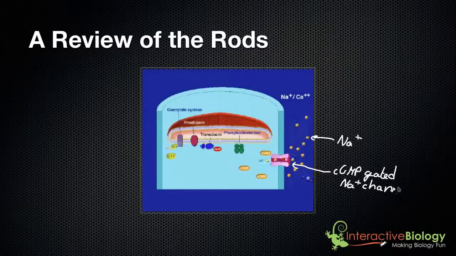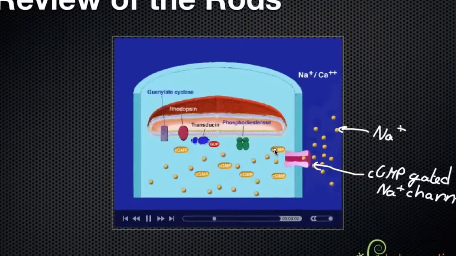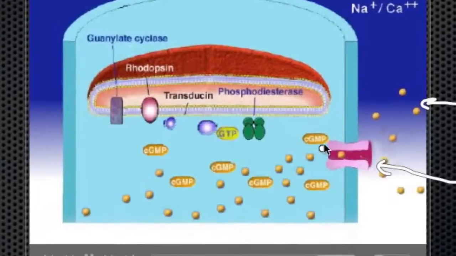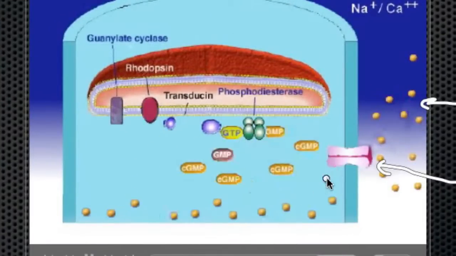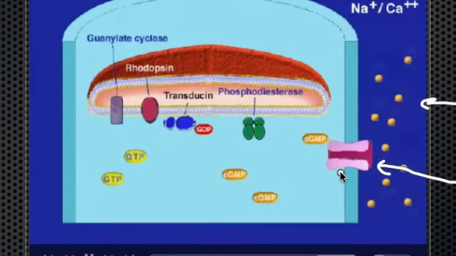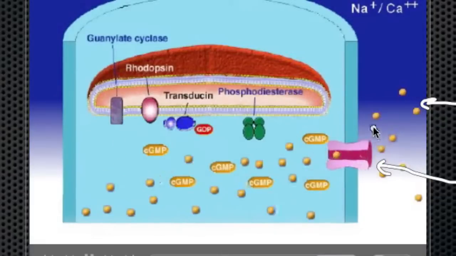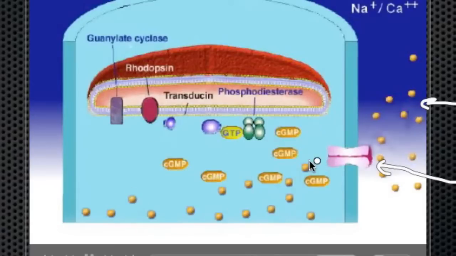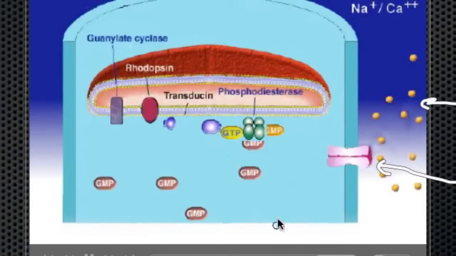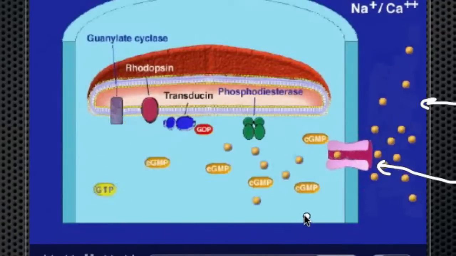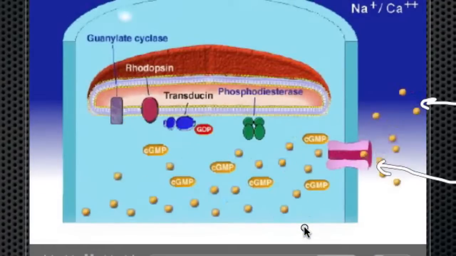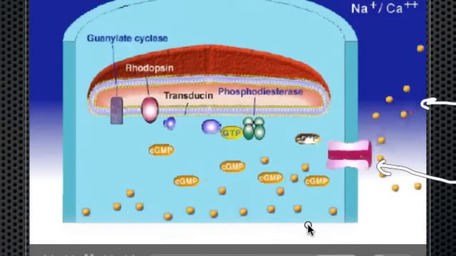What we said was that if there's cyclic GMP around, which there normally is in the dark, that channel is going to be open. And if that channel is open, as you can see right here, sodium is normally able to rush into the cell, and the rod is usually depolarized and neurotransmitters are being released. So that's what happens in the dark.